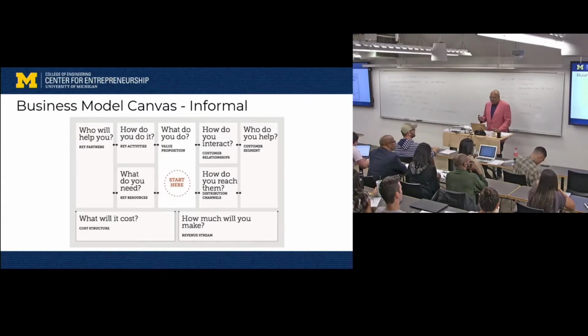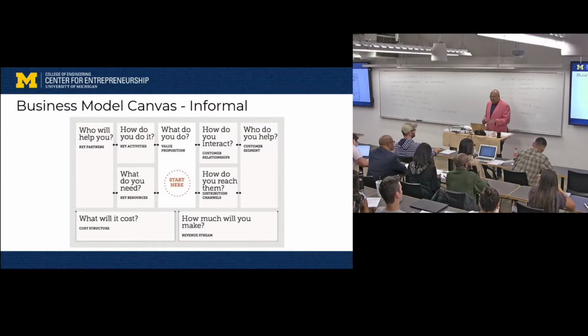And then if you go just to the left of that, how do you interact? What are the relationships that you build with customers to make that business work and to make it sustain? And below that, how do you reach the customers, right? How do you get the product to them? Is it an online thing? Is it in person? Is it door to door? Then down at the bottom, how much will you make? How much does it cost?